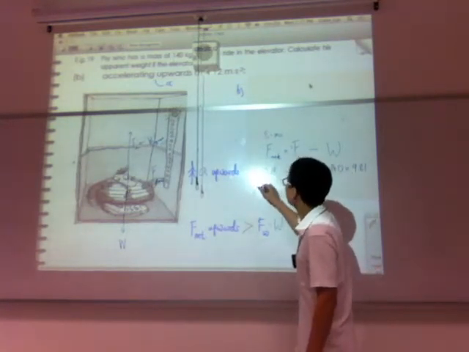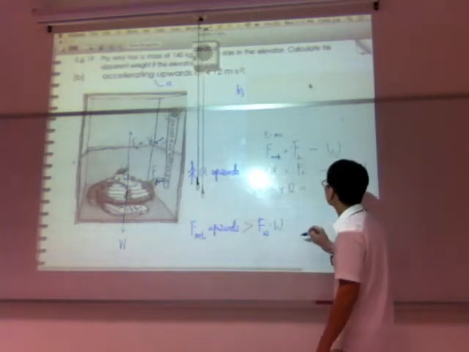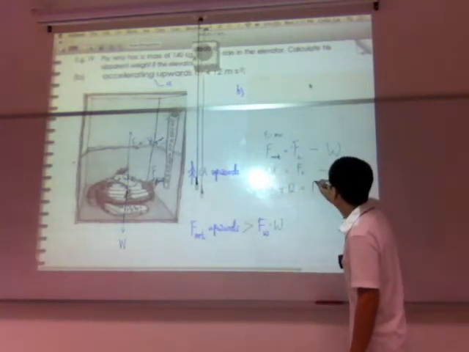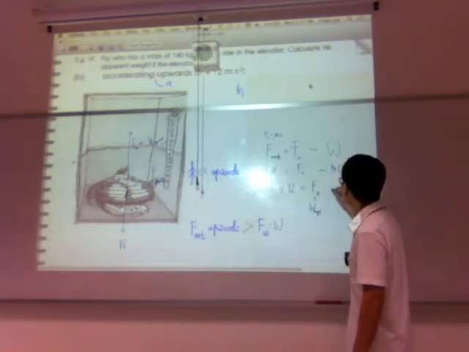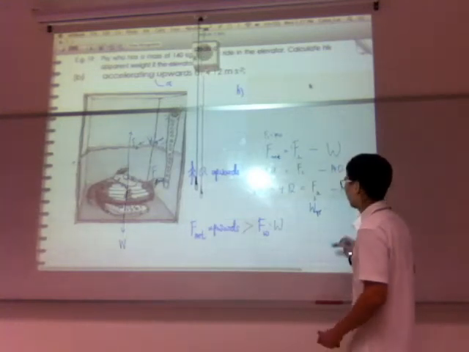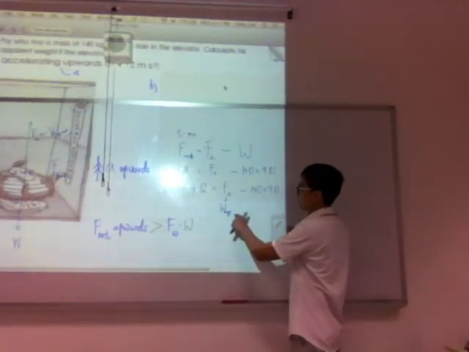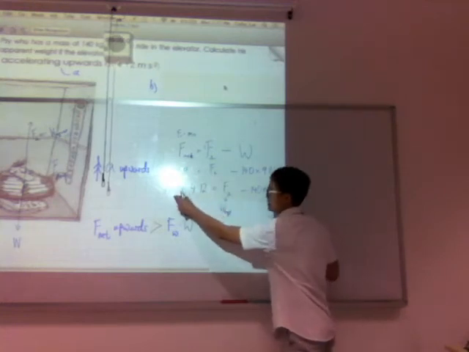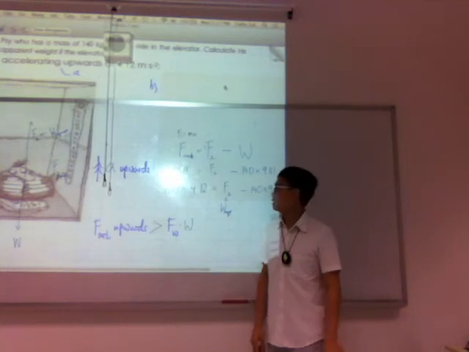So it will be 140 multiplied by 4.12 equals, and this, as I mentioned earlier, is your apparent weight, minus this. So the apparent weight is simply this plus that value. Can you work it out? Can you calculate the apparent weight?